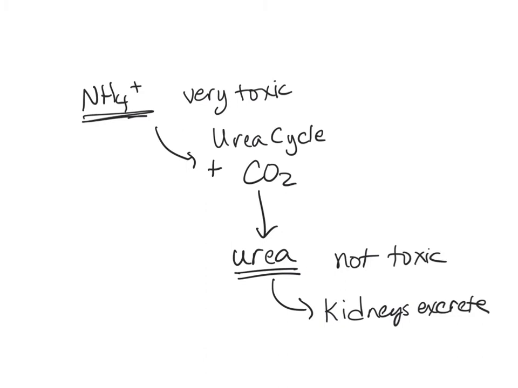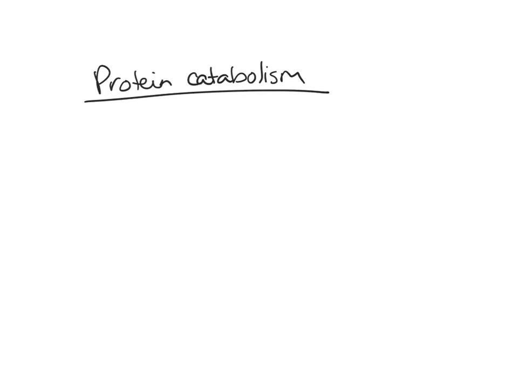So those are the three processes that occur with protein catabolism. The body likes to break down proteins only when the glucose supply is low. So basically, proteins are not a great source of energy.